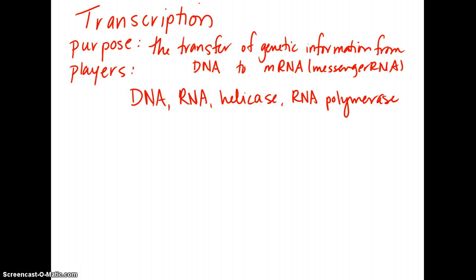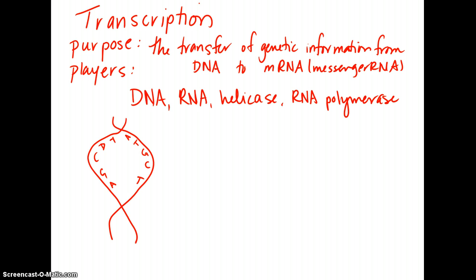And just as a couple of reminders, remember DNA is double-stranded, so I'm going to unwind some of our DNA. And let's say we have T, A, C, G, A on this side. That means that our complementary strand is going to be A, T, G, C, T.